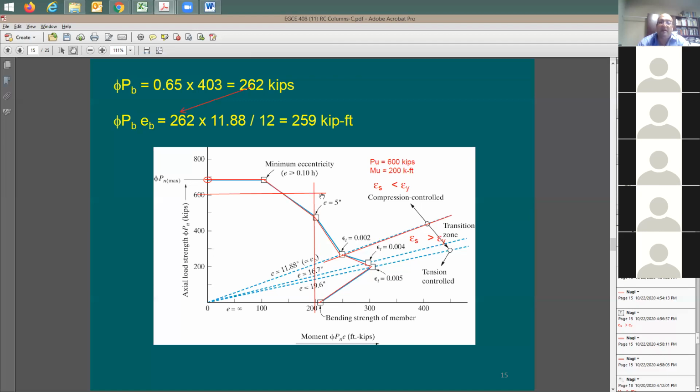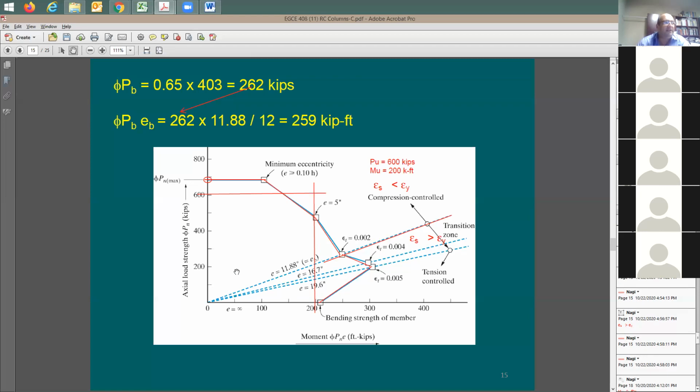And you know what happens in reality when we do an actual design? We put the column in, and then we do the interaction diagram for our column with the given reinforcing. And then we have lots of load combinations, right? You are aware of the load combinations like 1.4, 1.2, and we throw all the points there, because usually we're going to have a moment and axial load.